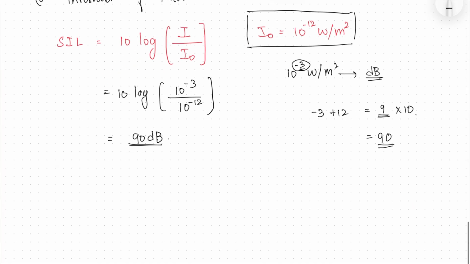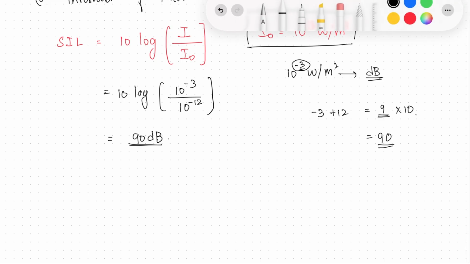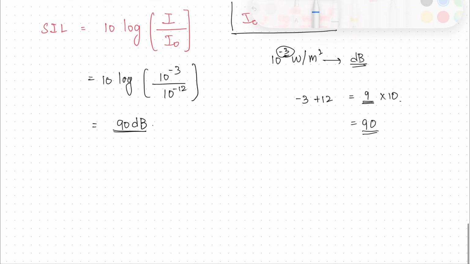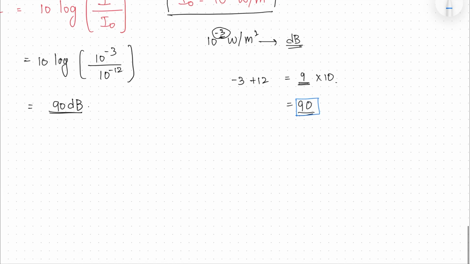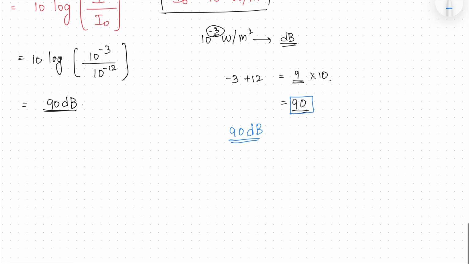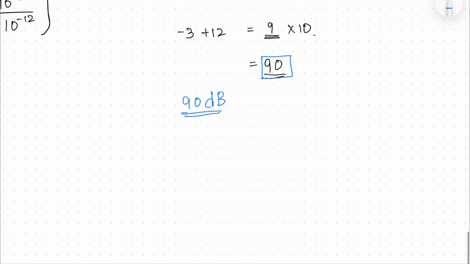There is a reverse way of doing it as well. Say you have 90 decibels and they ask what the sound intensity is. You divide this by 10 first. So 90 by 10 gives you 9, you subtract 12 and get minus 3, and you just put it as the power of 10.